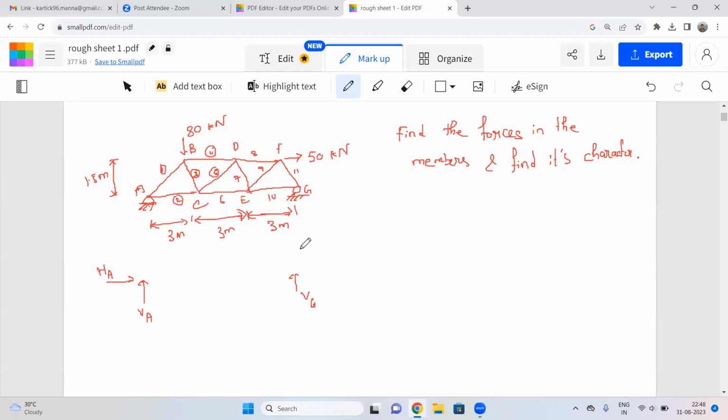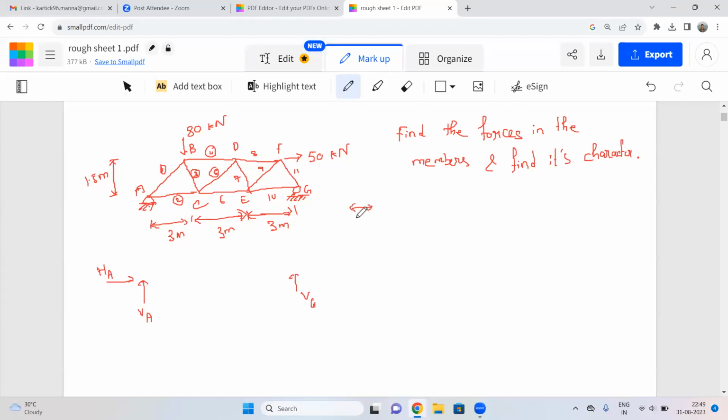Can you tell me if there will be any HG or not? No. Why? Because that is a roller support. It can move along the horizontal direction, or X direction, so there will be no reaction there.